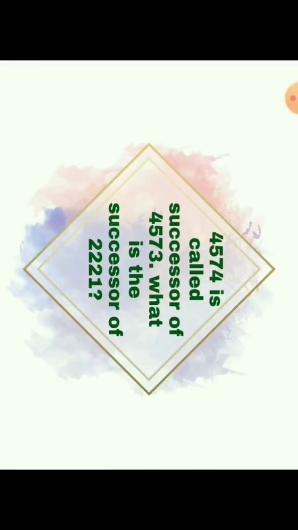Now see children, we have found a new word, and that is successor. What is a successor? The number that comes just after a given number is called its successor.